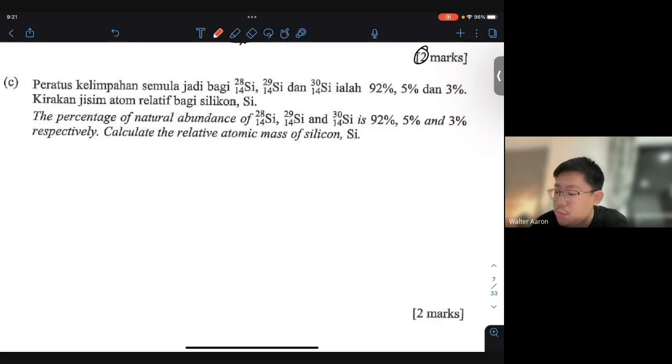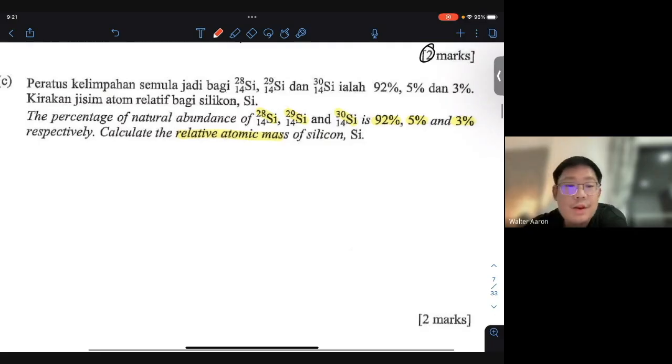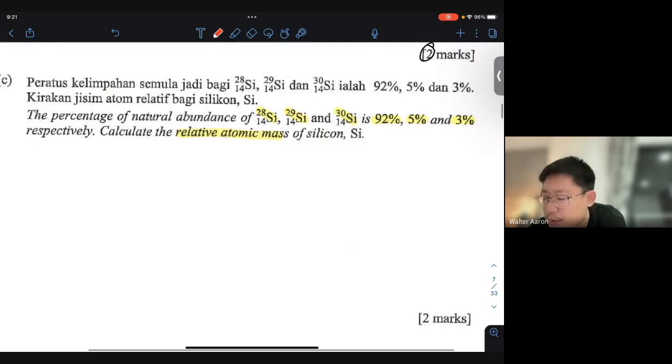So they give you the information that you need, where the isotopes have different relative abundance. So how are we going to calculate the relative atomic mass? Relative atomic mass in this case is the average mass according to different isotopes based on their relative abundance.